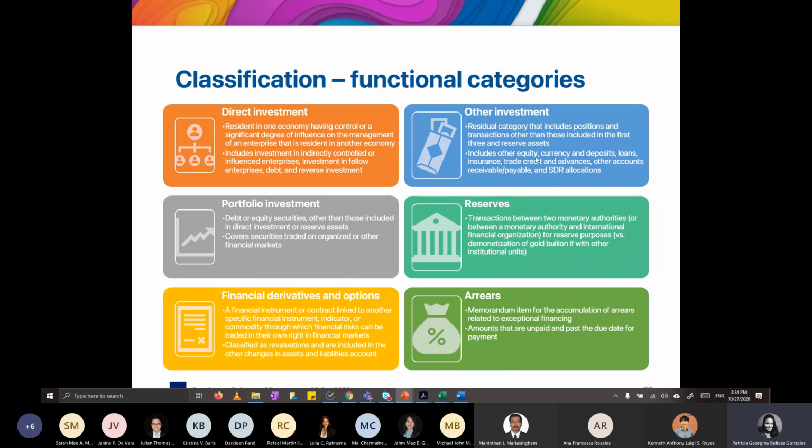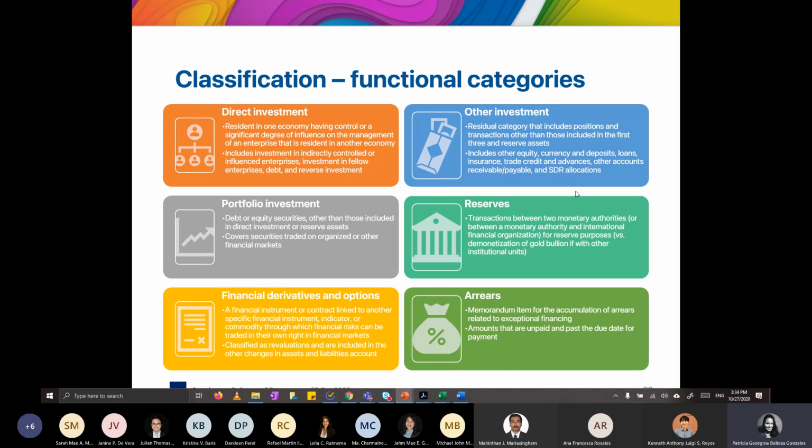So it includes other equity, importantly currency and deposits, loans, insurance, trade credits and advances, other accounts receivable and payable, and SDR allocations. These four mostly take place between private institutions, but also, of course, government institutions in countries, but even more so the private sector.